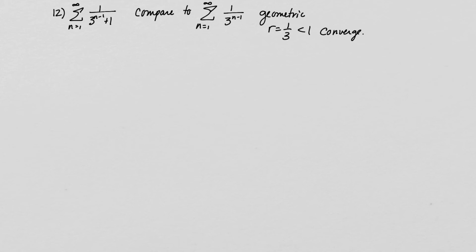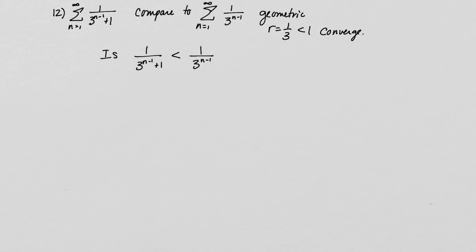And then the question is, is 1 over 3 to the n minus 1 plus 1 smaller than 1 over 3 to the n minus 1? If it is, then we know our original series converges. If I compare these two, 3 to the n minus 1 plus 1 is 1 bigger than this.